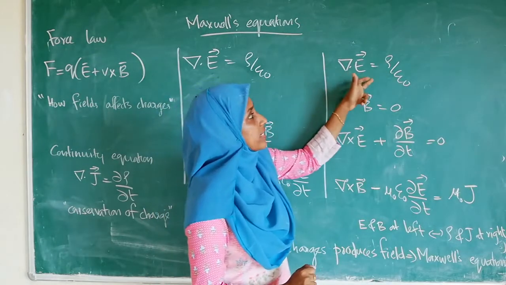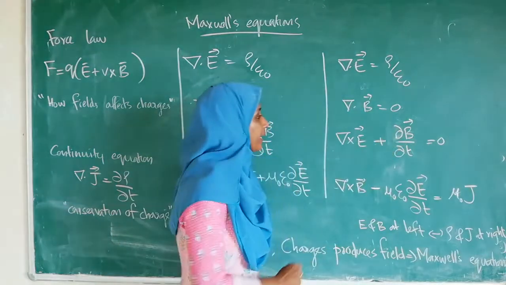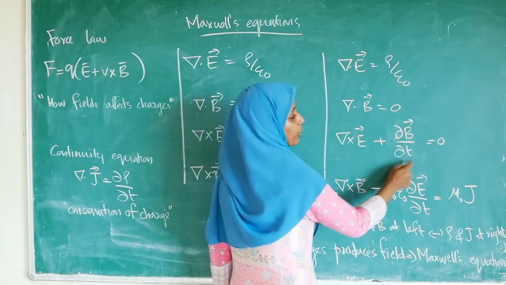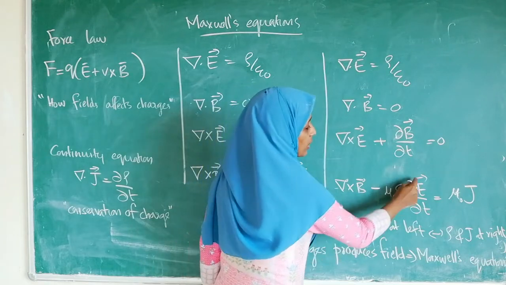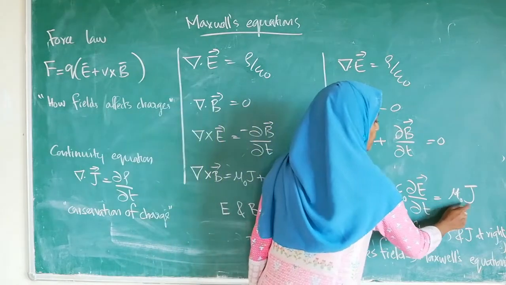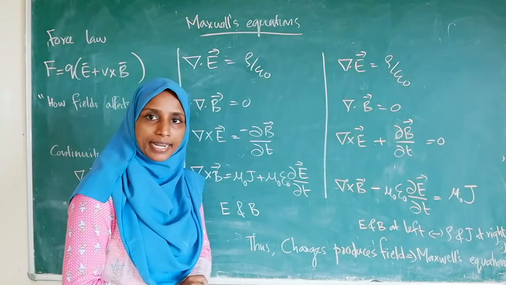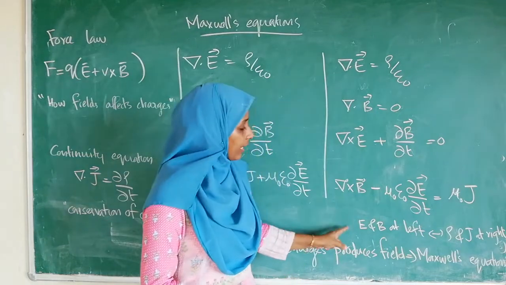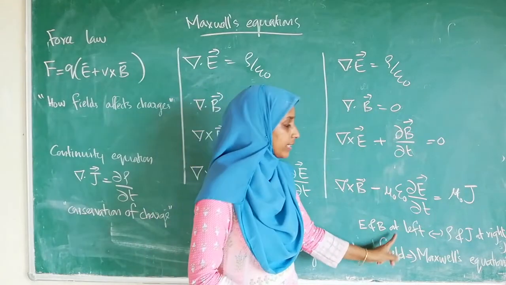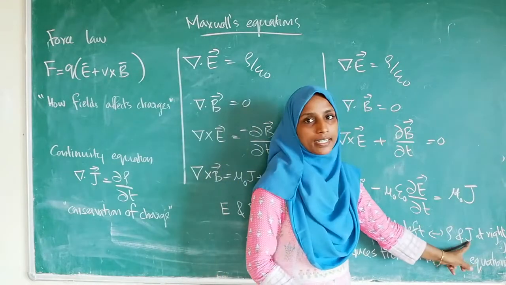So, del dot E is equal to rho by epsilon 0, del dot B is equal to 0, del cross E plus dou B by dou t equal to 0, and del cross B minus mu 0 epsilon 0 dou E by dou t is equal to mu 0 J. Maxwell rearranged these equations in such a way that the electric field and magnetic field are on the left side, and charges and current are on the right side.